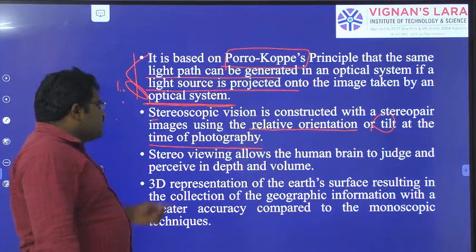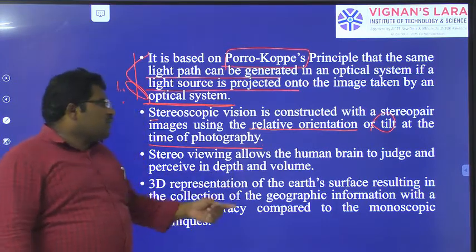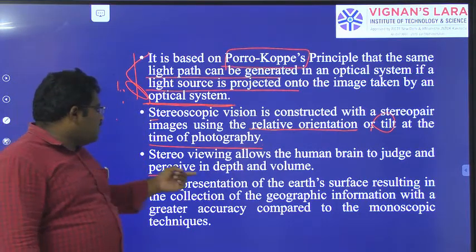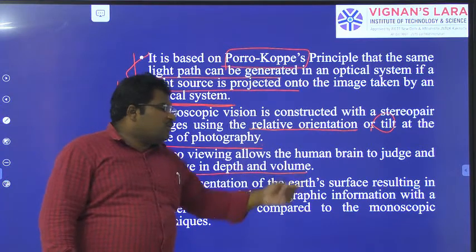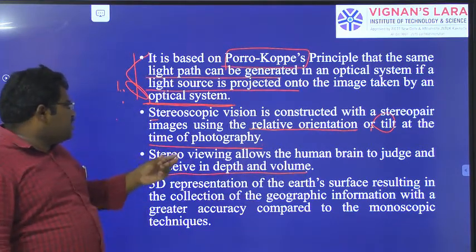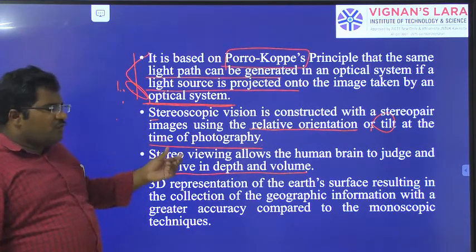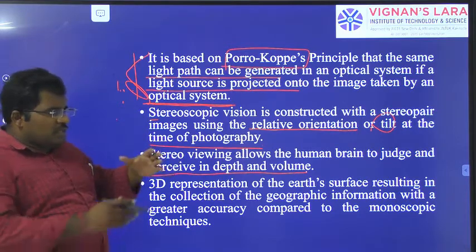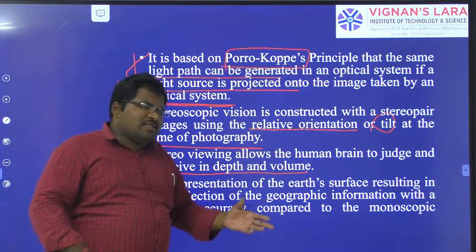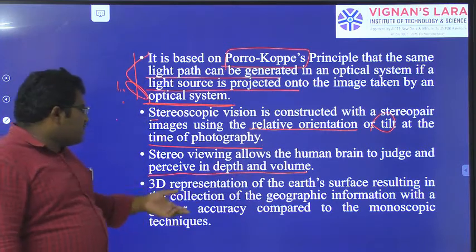Stereo viewing allows the human brain to judge and perceive depth and volume. With the help of this stereo pair, we can say the volume, length, breadth, and also estimate the depth.